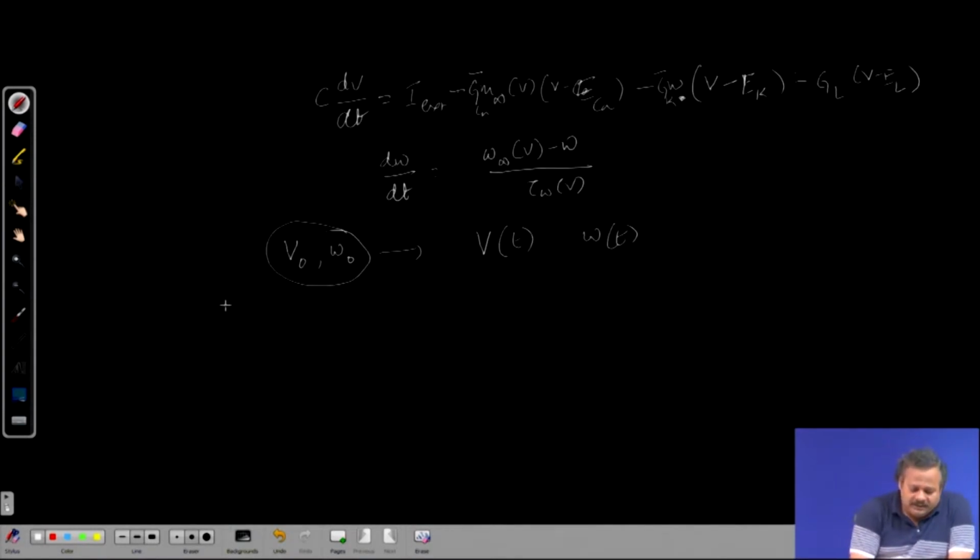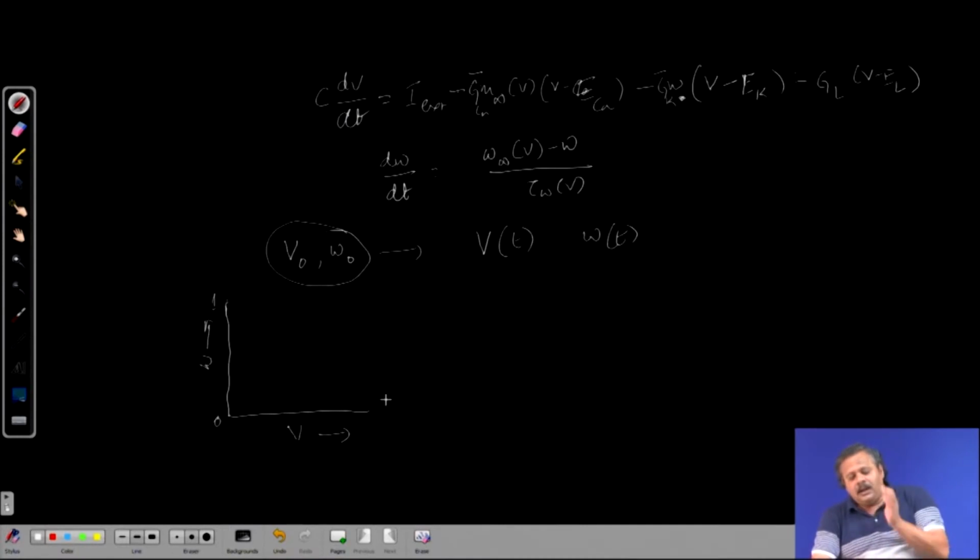And this plane that we have is what is called the phase plane. That is, if we have V on this axis, this is the membrane potential, and W on this axis, W varies from 0 to 1, being a probability, and V varies in the range of the voltages that are involved in a neuron.